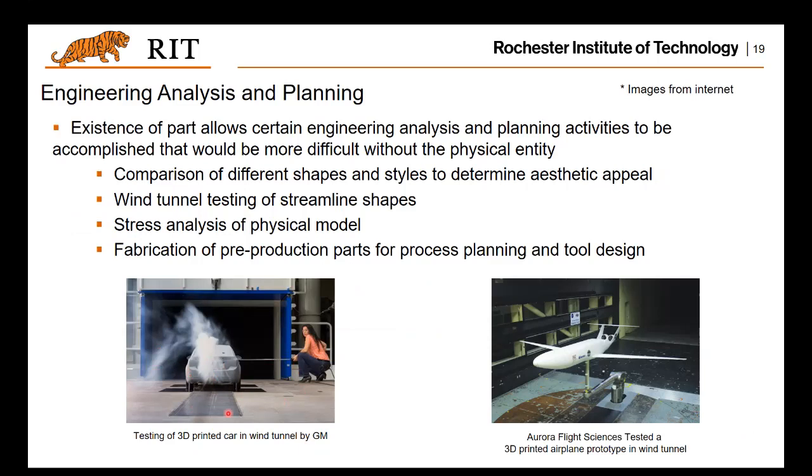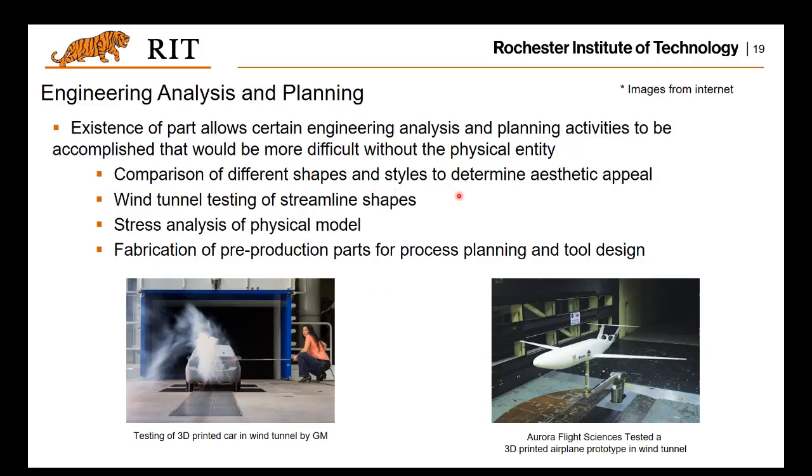Of course, it is scaled down, but still it will give you the idea of the aerodynamics result, even using a smaller model. But the geometry is more important. So you need to prototype the part with the exact geometry, but smaller size, right? So that's how this can be used in some of the analysis.